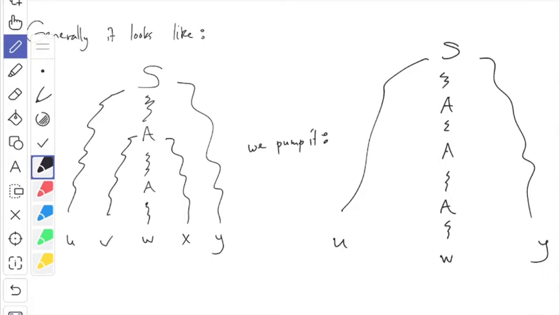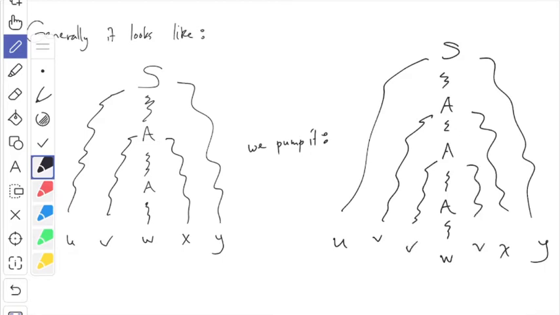The upper A also is not modified, so this also still generates V and X. But now the lower A is also generating V and X, right? And so here we get the string U, V squared, W, X squared, Y, right?